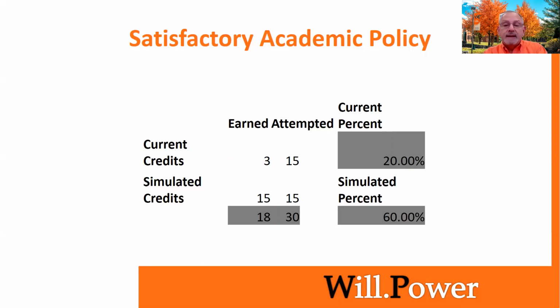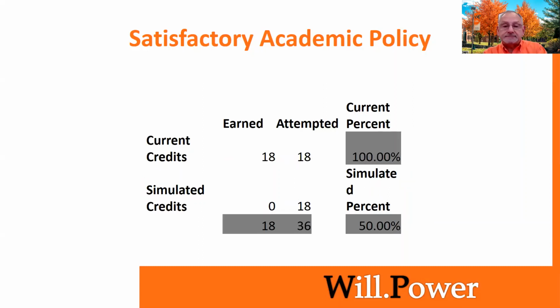Here's a student who earned 3 credits over 15 at 20%, and they did very well their second semester, 15 over 15, and they reached 60%. Now here's a student who in their first semester did very well.